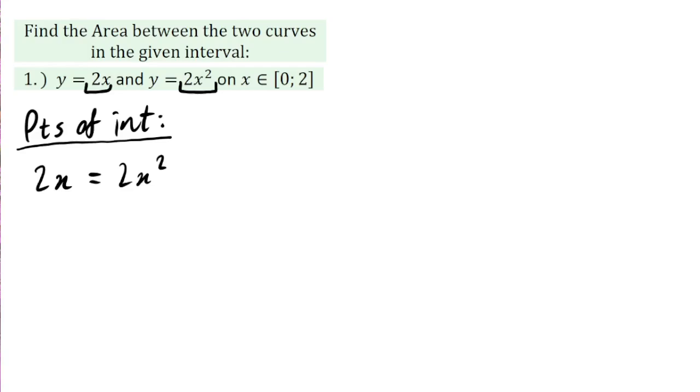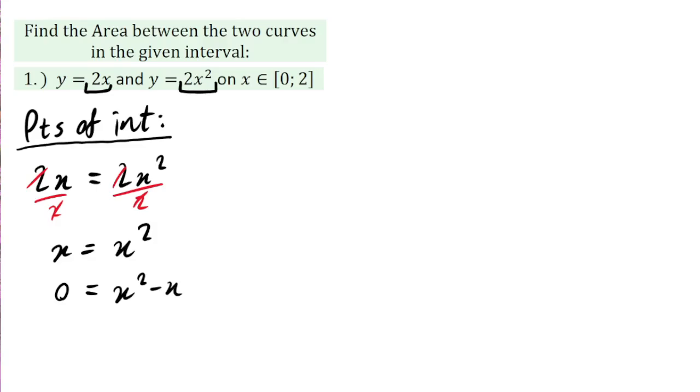And then from here, we can simplify it. We can't divide both sides by x, but we can divide both sides by 2, so that these can cancel. What we are left with is x is equal to x squared. Okay? We can't divide both sides by x, but we can subtract x from both sides, such that we're left with 0 is equal to x squared minus x.